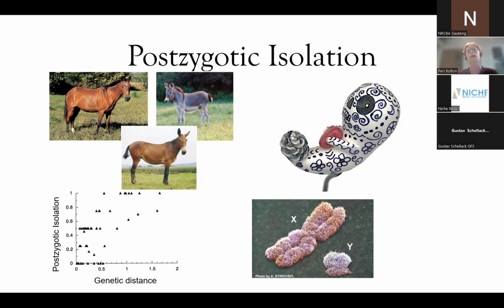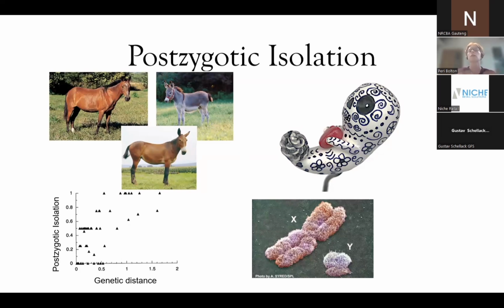In particular, the X and the Y, or the Z and the W, is particularly important in this process because if you are a hybrid and you have the X chromosome from your parental species, you don't have the same chromosome of the other species to back it up. So if there are genetic variants on there that are incompatible with the rest of the genome, you're more likely to be infertile or something.